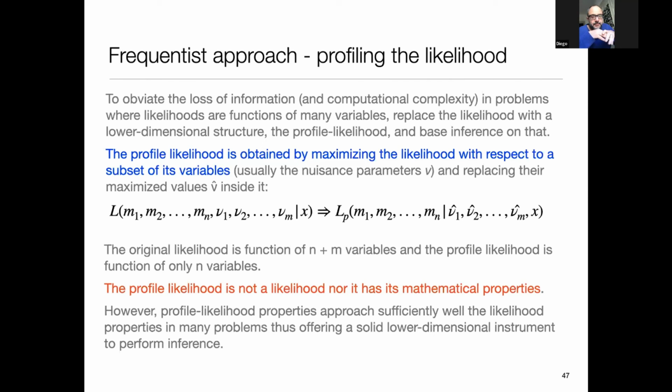And it's simpler because it has fewer dimensions, because you have basically maximized your likelihood with respect to each of the nuisance parameters. And the profile likelihood is no longer a likelihood, so it does not have mathematically the same properties of the likelihood, but it behaves quite decently. So it is used for inference in frequentist statistics in high dimensions.